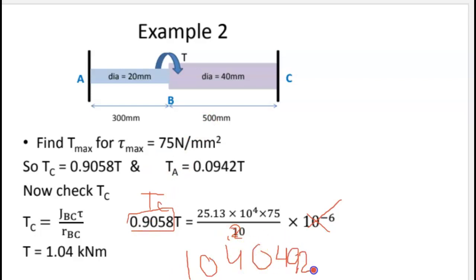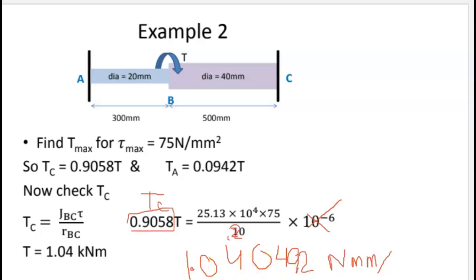101040492. Now this is in newton millimeter, newton millimeter over millimeter square. So you need to convert that back. You need to bring the decimal back by 6: 1, 2, 3, 4, 5, 6.